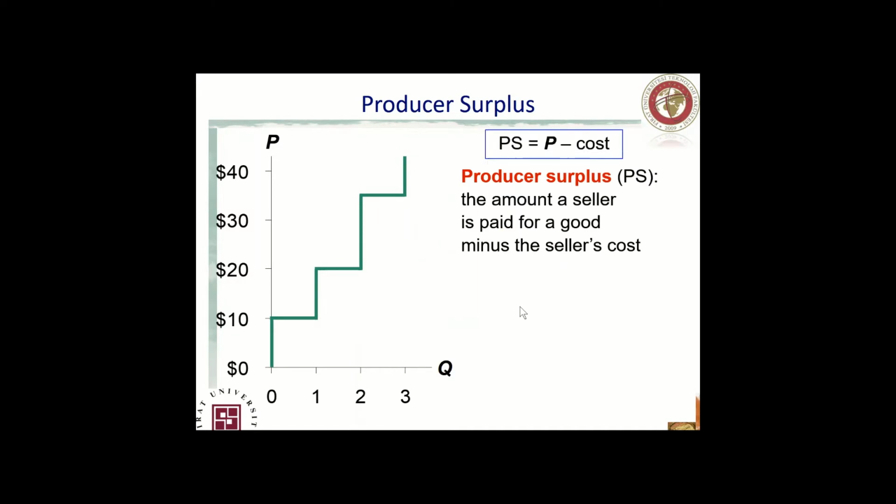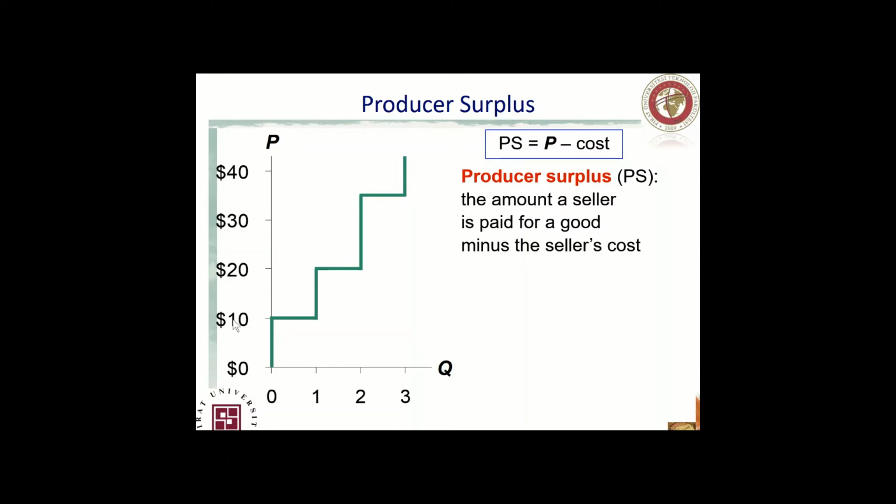Okay, so what's the producer surplus? We spoke about the consumer surplus, the benefit that the buyer gets from the market, and we calculated it by subtracting the actual price from the willingness to pay. Now we do something similar, but in the opposite way: we subtract the cost from the actual price.